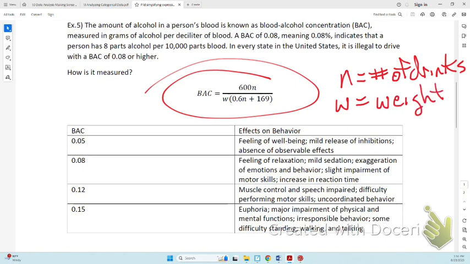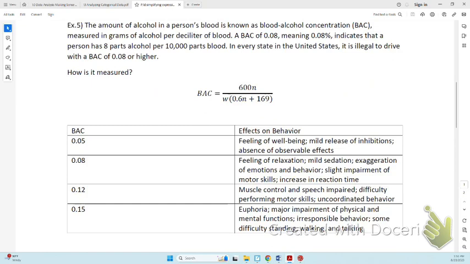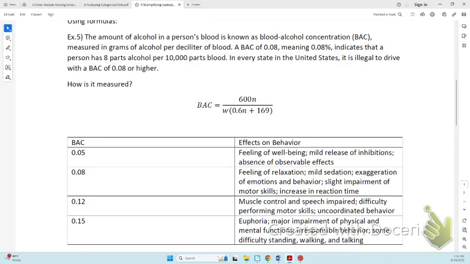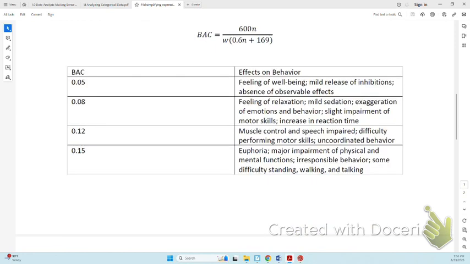One reason why this interests me is because I love statistics, and I imagine that this formula is something that maybe the Bureau of Labor and Statistics worked on through experiments, and that's also a way that laws are made, because 0.08 is the legal limit if you're of age. Big if there.